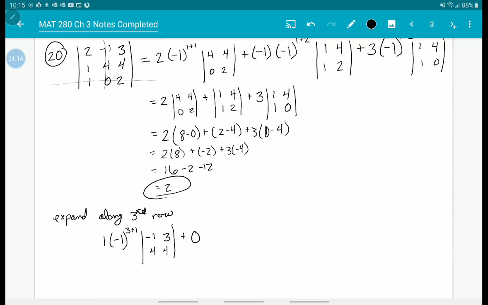That's where that row and column cross. It's negative 1 to a power. Third row, second column. What's left over? 2, 3, 1, 4. And then third row, third column. Cross at 2. Negative 1, third row, third column. What's left over?